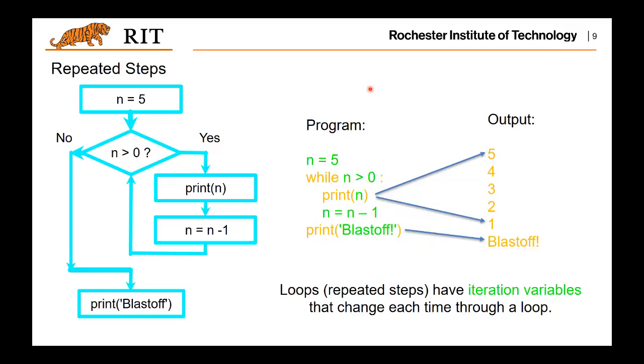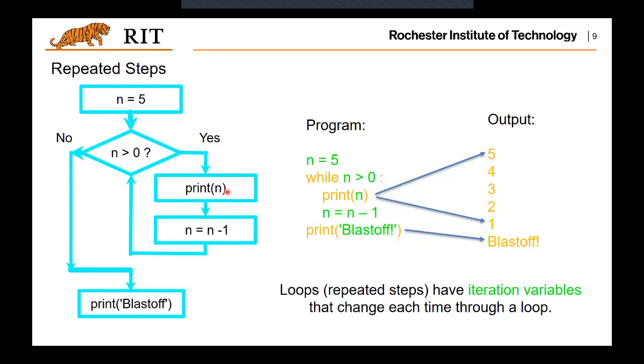That's how this works. So if we look at this illustration, initially we have a variable n, which is 5, and then we check if n is larger than 0. Because now n is 5, definitely yes, right? Then we go to here and execute this print function.